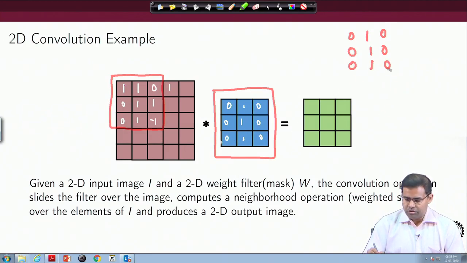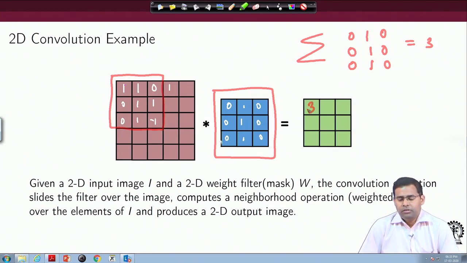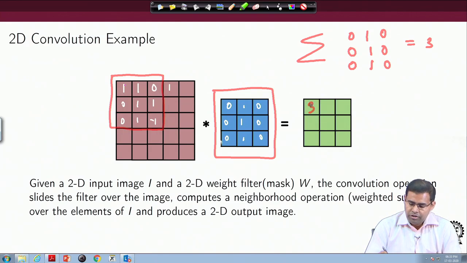Now, just sum them up. So, you get a 3. So, that is what you write here.